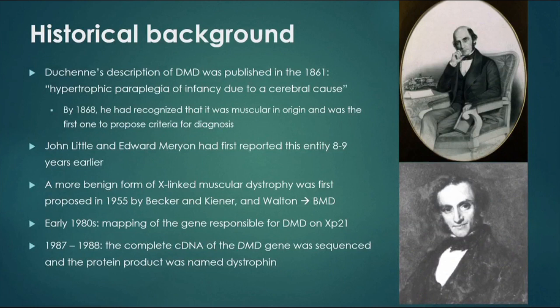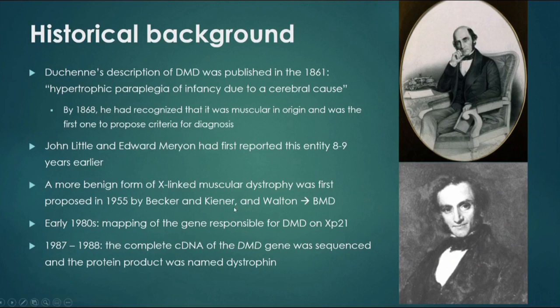However, within 7 years of this publication, he was able to recognize that it was muscular in origin and not cerebral, and he was the first one to propose criteria for diagnosis. However, John Little, the man on the top, and Edward Meryon, the lower one, had reported this entity 8 to 9 years earlier than Duchenne did.